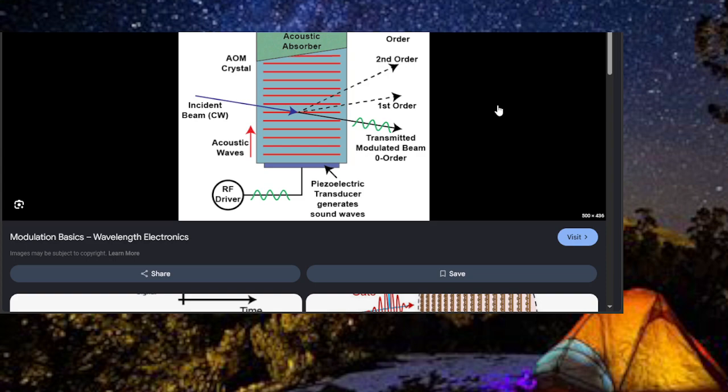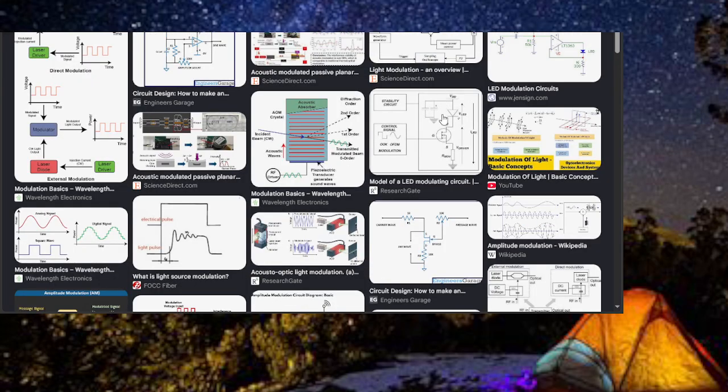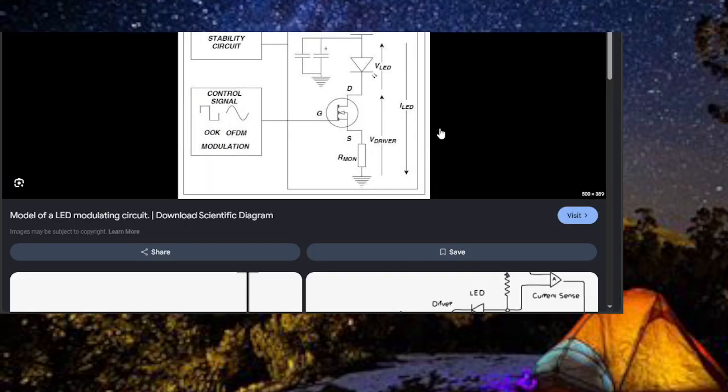The piezoelectric transducer modulates the transmitted beam, but this is just not what I want. There's an LED with the waveform. You've got a FET here, a driver.